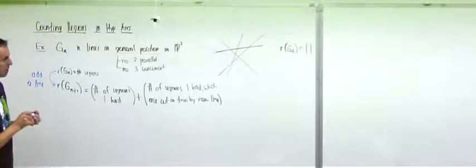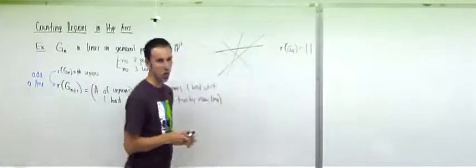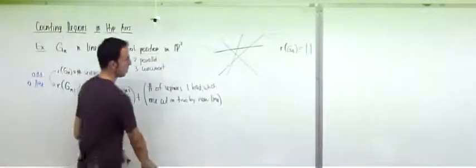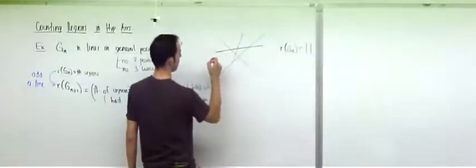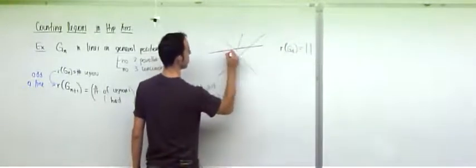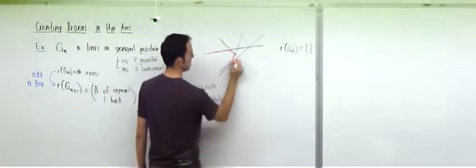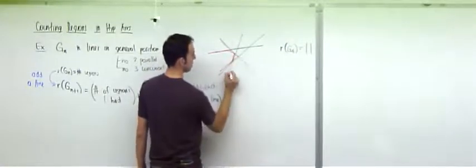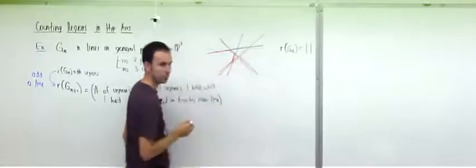So for example, according to this, I had 11 regions, and now how many of those regions are cut in two? 5, let's see them. They are this one, 1, this one, 2, this one, 3, this one, 4, and this one, 5.